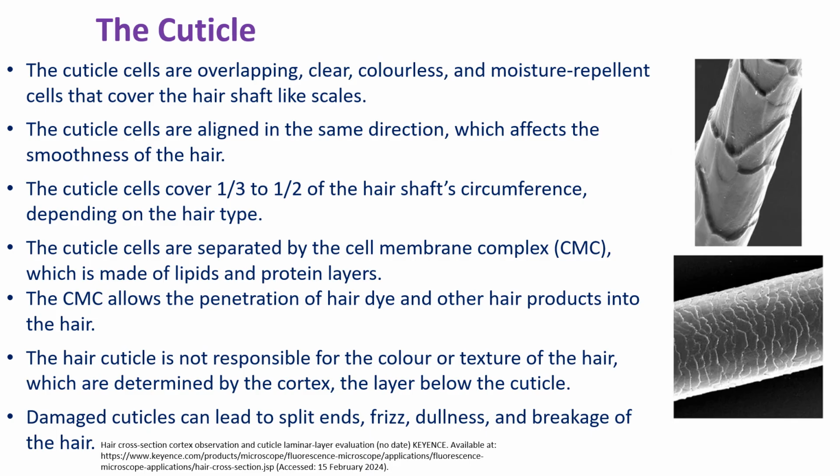We've then got this exocuticle, the middle layer, consisting of protein meshwork, which is embedded with lots of lipids as well. And then we've got the endocuticle, the innermost layer, which is highly structured, and we talk about it being amorphous, so it doesn't have that regular spiral structure of keratin within there.